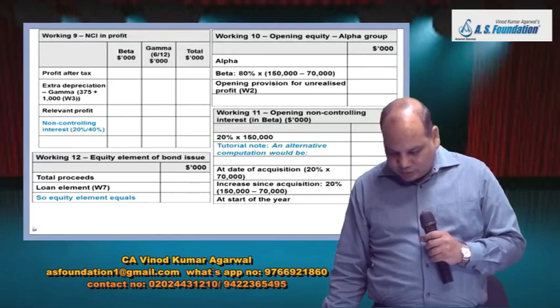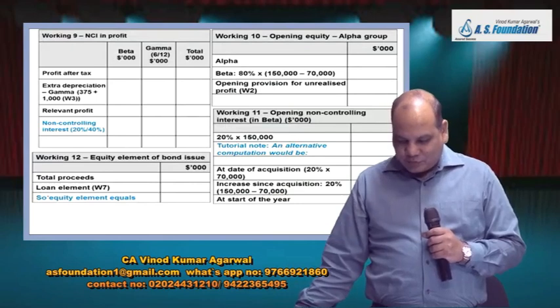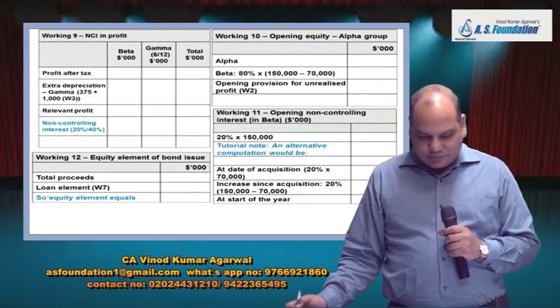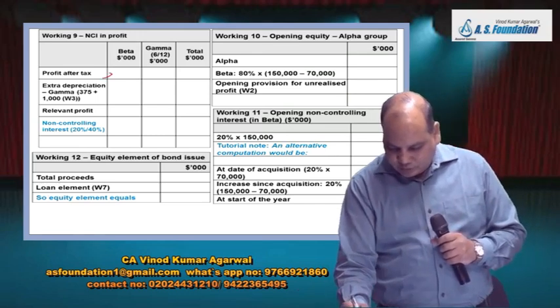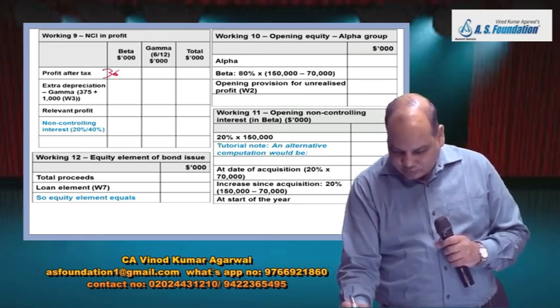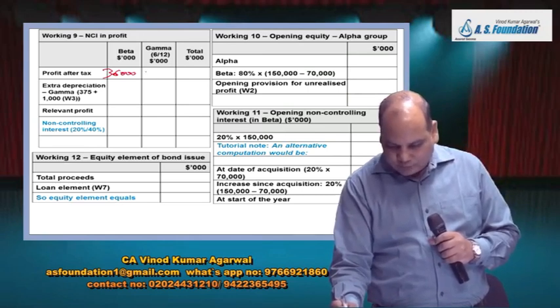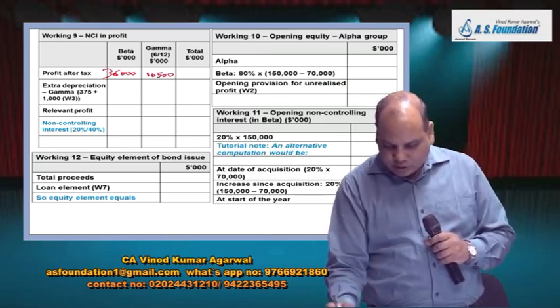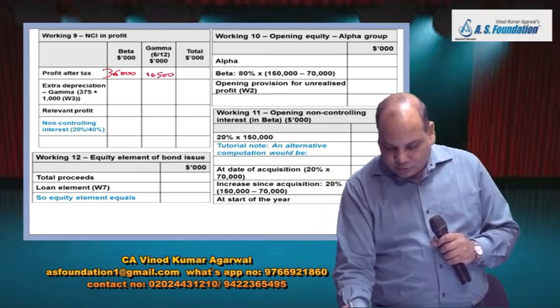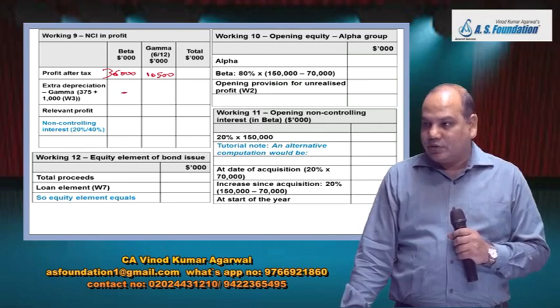One student is right. So now you explain. How did you reach that magic number? Profit after tax of beta is 36,000. And this is how much? Half. Then in case of gamma, we have to provide for extra depreciation.